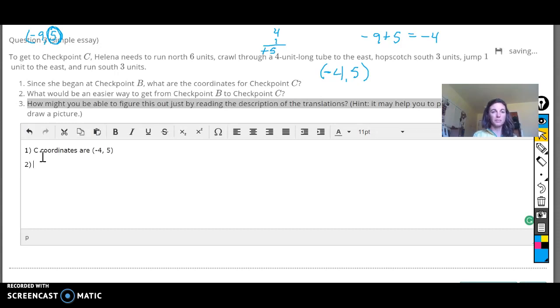What would be an easier way to get from checkpoint B to checkpoint C? Well, since she came back to the same location for our y coordinate, instead of going to the north, then going through the tube, then hopscotching, she could have just walked to the east 5 units.